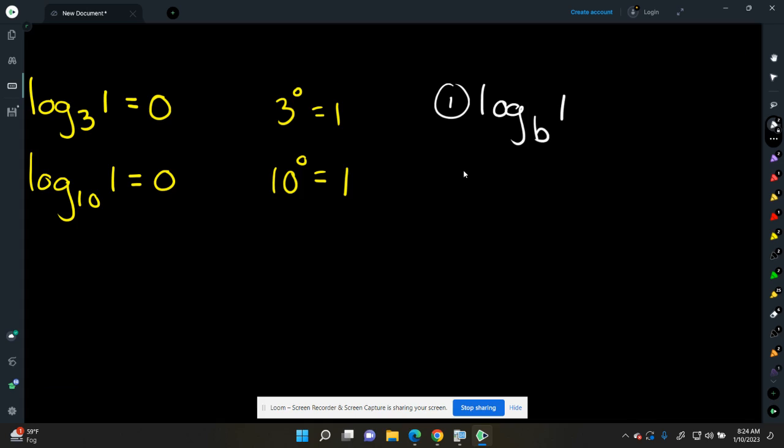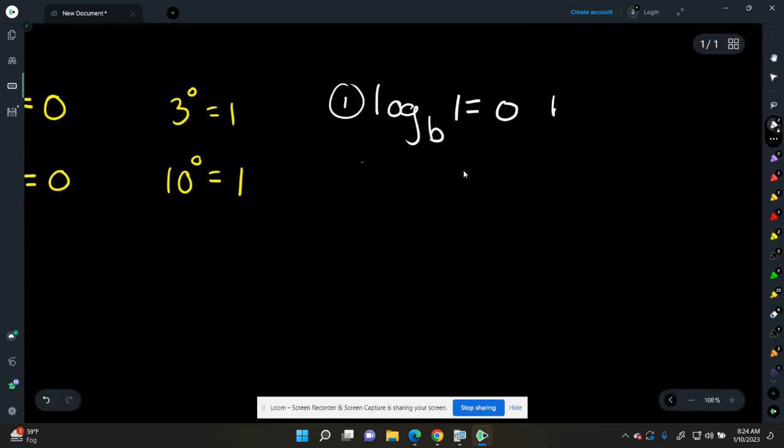Log base b of 1 will always equal 0, because b to the 0 equals 1. So there's our first property. We have our definition. Now we have a property. Okay?